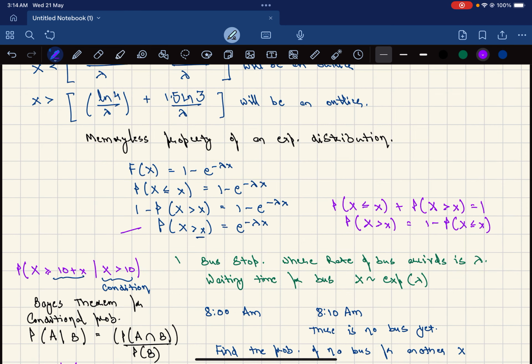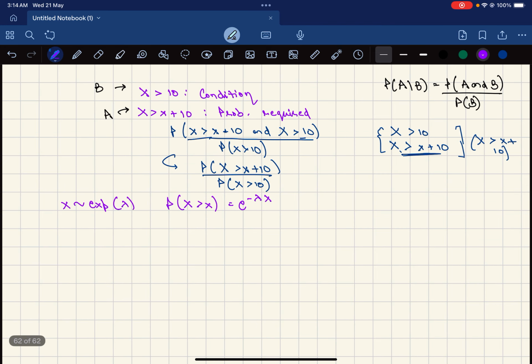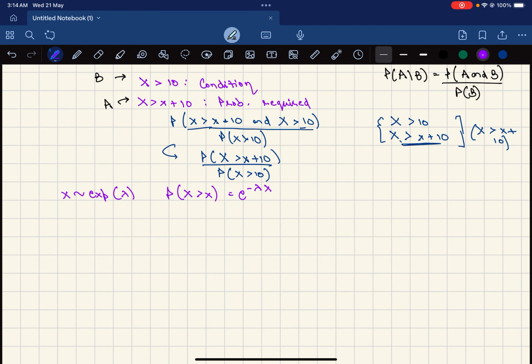So we can simply use this rule here, and we get e to the power minus lambda (x plus 10) divided by e to the power minus 10 lambda, because in the denominator we have x greater than 10, and in the numerator we have x greater than x plus 10, so it becomes e to the power minus lambda x minus 10 lambda.